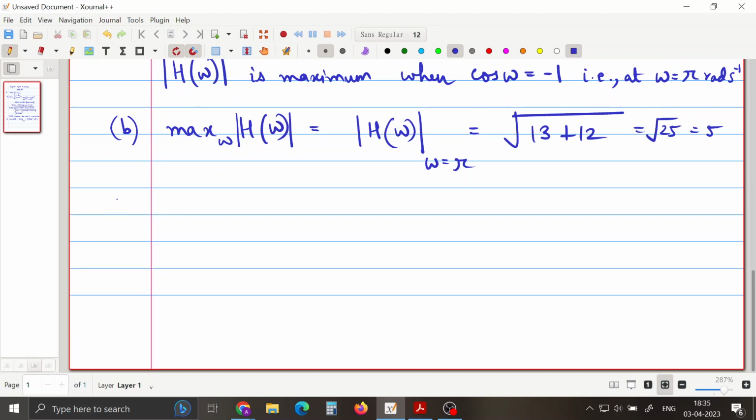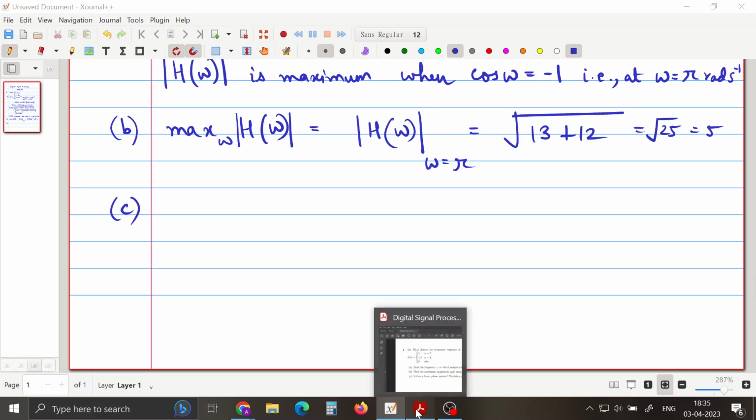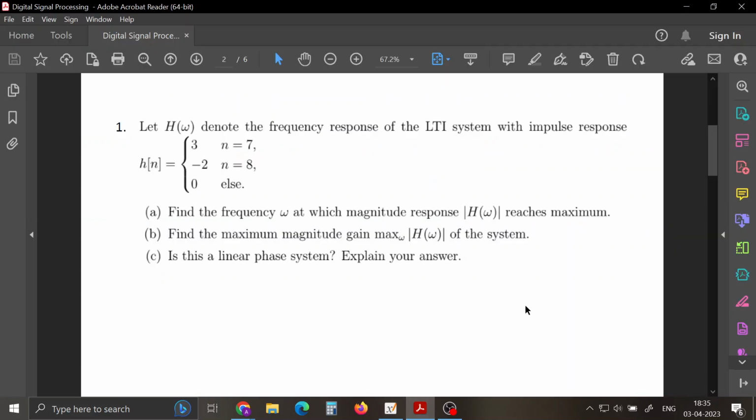Okay, now let's come to part C. So far it was just simple, taking the magnitude and maximizing it. Now in part C, we need to utilize the concept of linear phase. We need to check if this is a linear phase system or not.